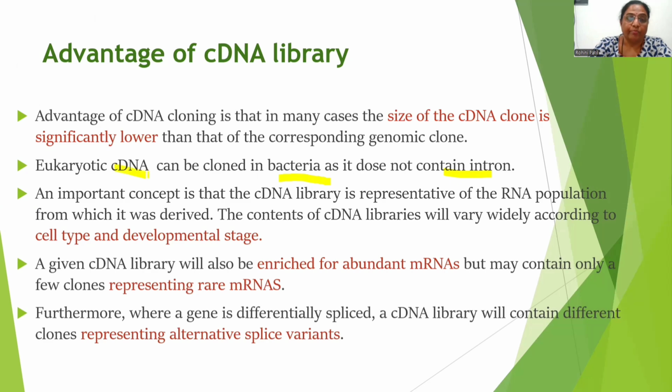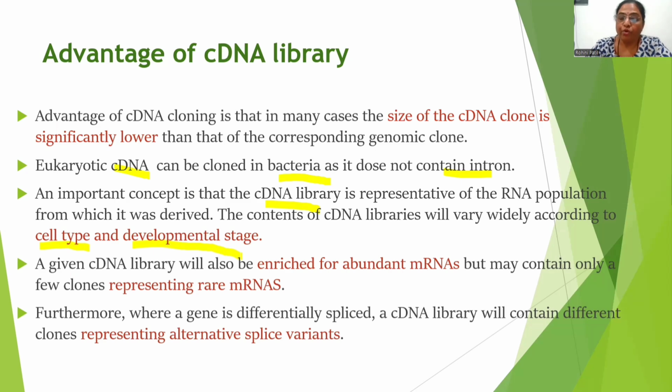Next, when we construct a cDNA library, that library is going to be representative of a cell type, or it is going to represent a particular developmental stage of the organism.